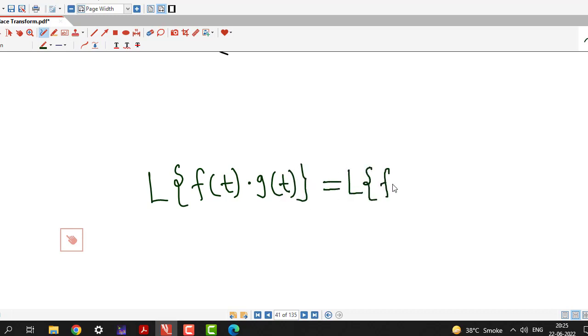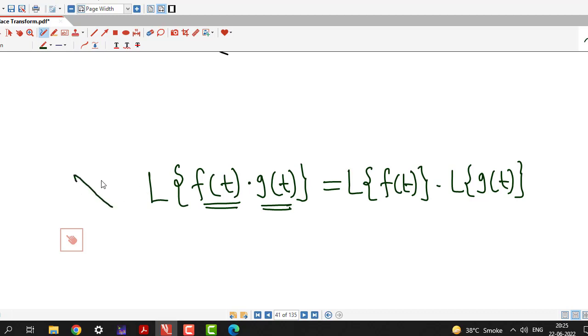But remember, do not misunderstand in this way. If I have a product of two functions f and g, then this result is not true: Laplace transform of f into Laplace transform of g. This result is not true for the product operation between two functions.